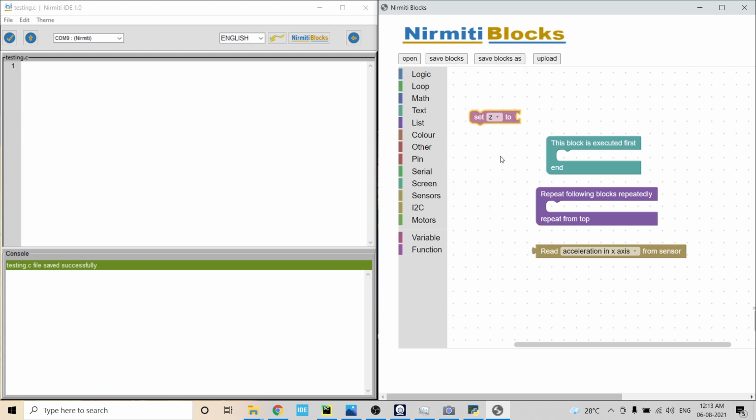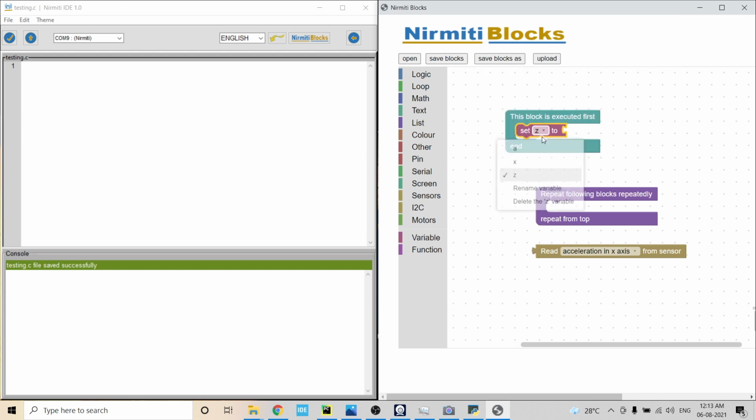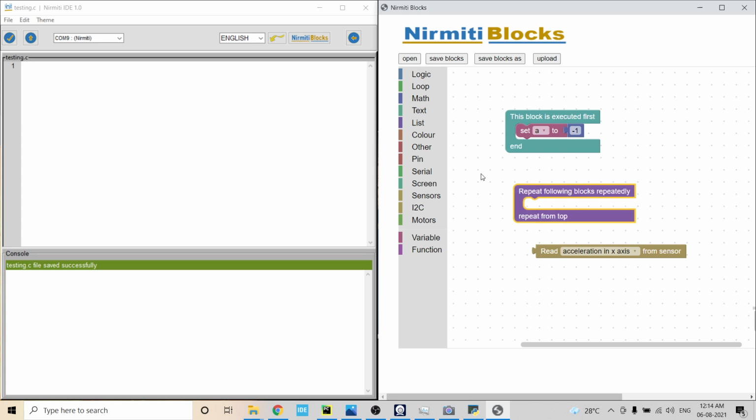First of all, we will set A to -1. It tells the converter, which converts these blocks to embedded C, that A stores values that are negative as well as positive.